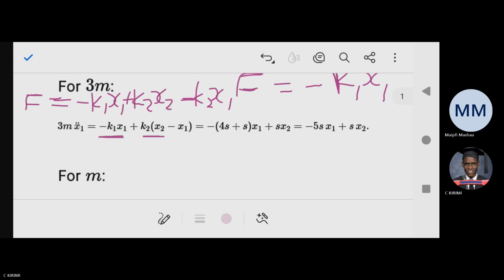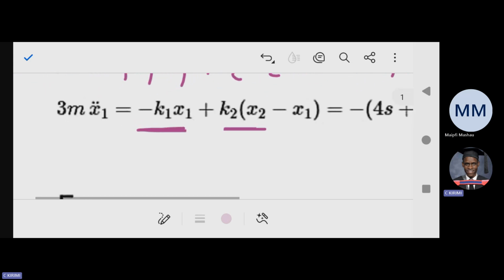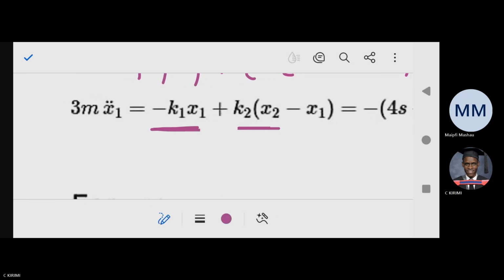All right, so let's do it like this. On a straight line, this can be represented by F. Do you agree? This is a force. Yes. 3m multiplied by acceleration is a force, isn't it? And also, spring constant multiplied by x is also a force.